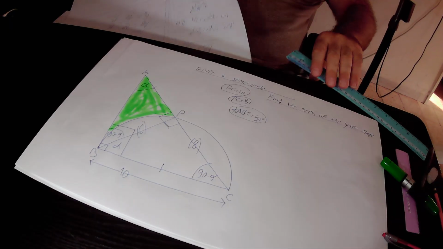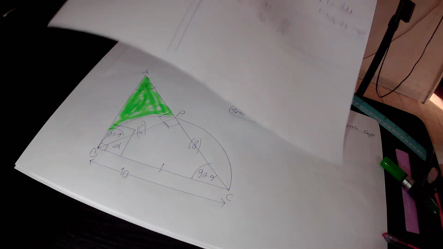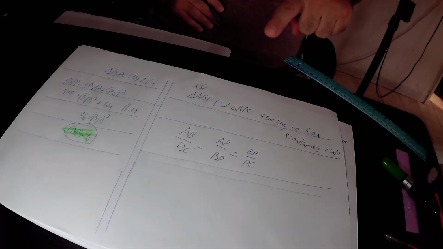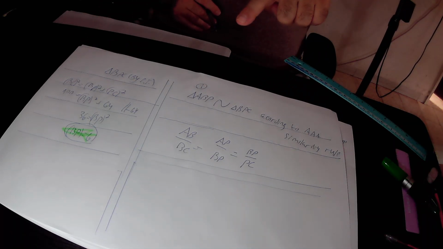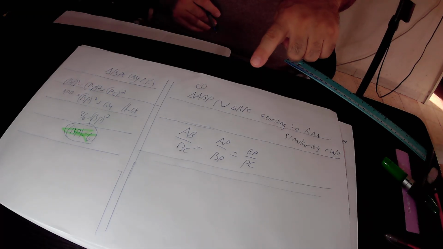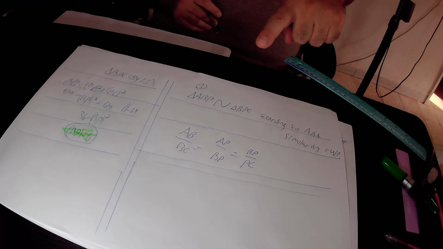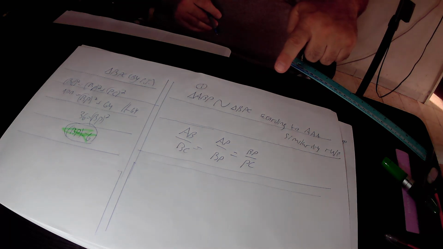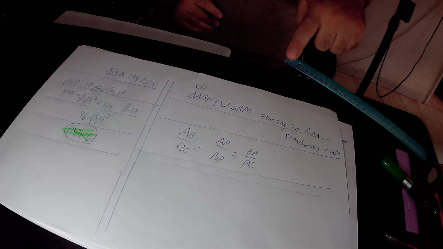We derive that side AB of the right triangle ABP over side BC of the right triangle BPC is equal to side AP of the right triangle ABP over side BP of the right triangle PBC, and it is also equal to side BP of the right triangle ABP over side PC of the right triangle BPC.